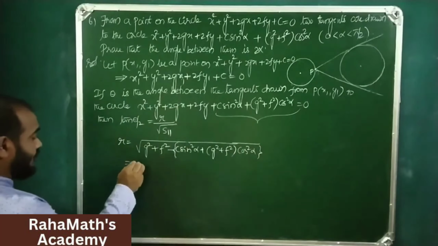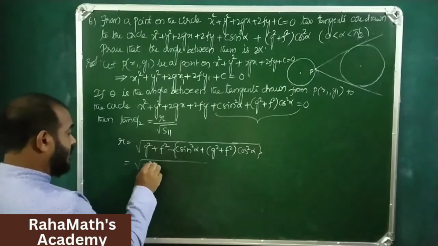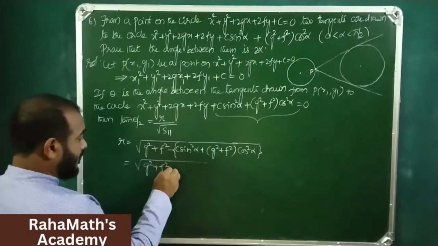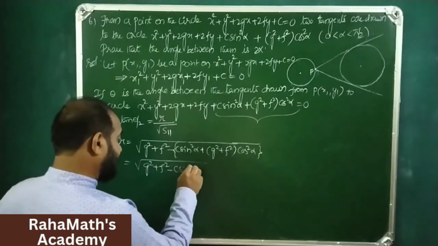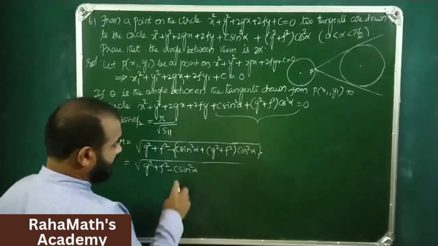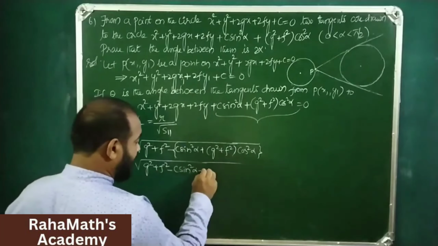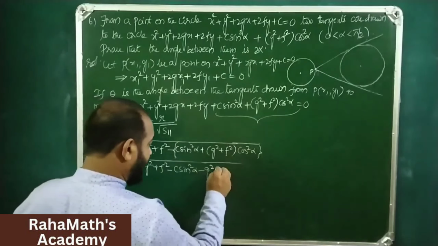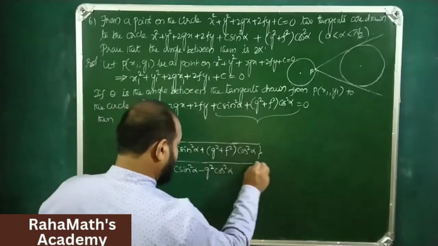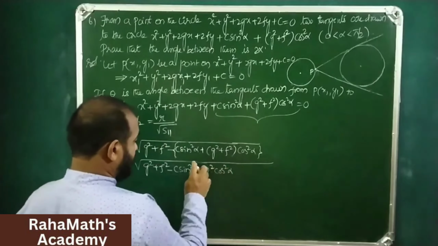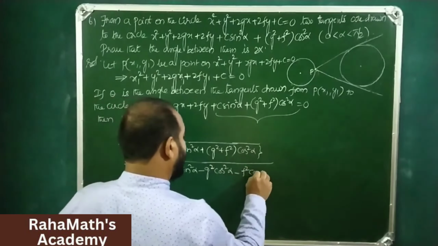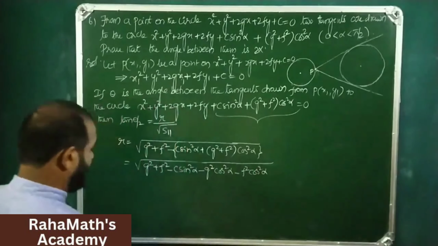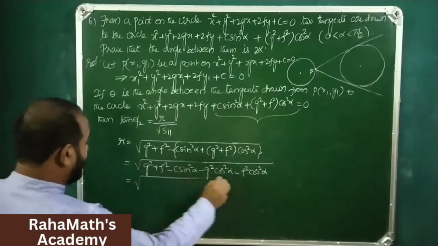This is equal to g square plus f square minus c sine square alpha minus g square cos square alpha minus f square cos square alpha.